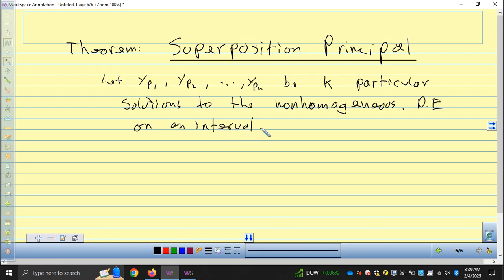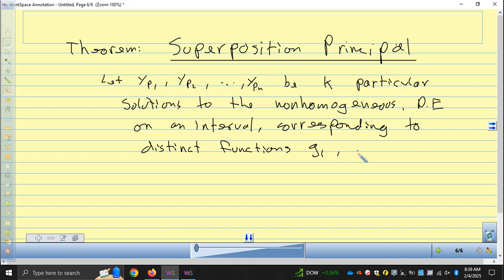and the solutions correspond to distinct functions g1, g2, up to g sub n.